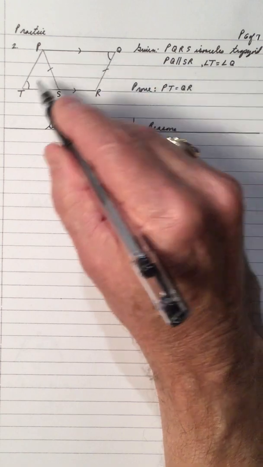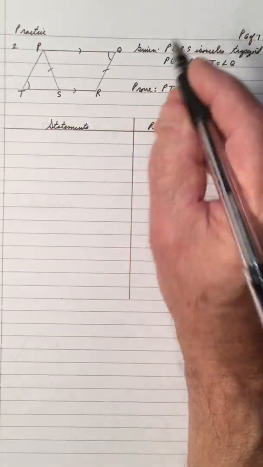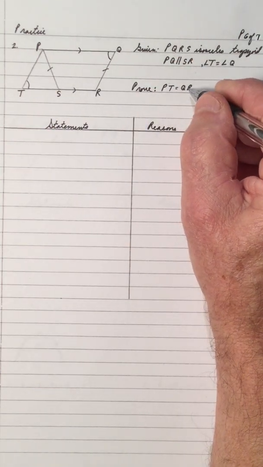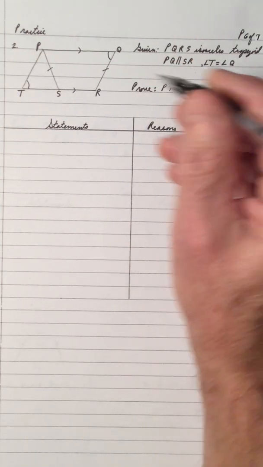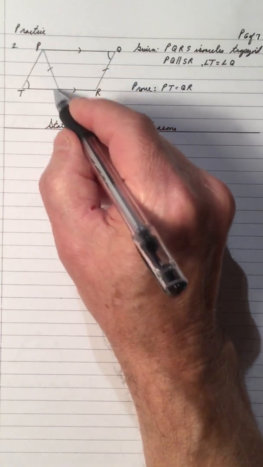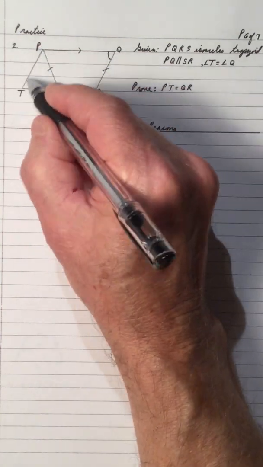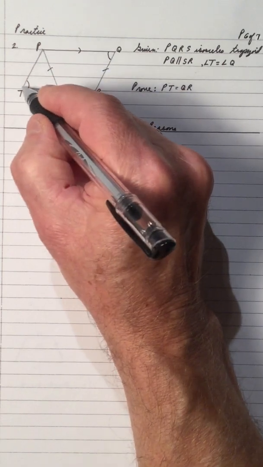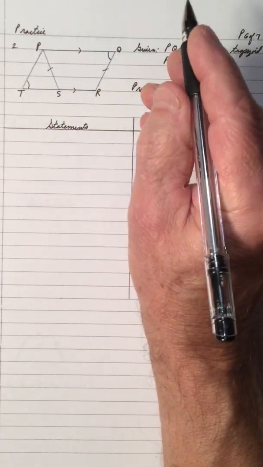There must be angles related here. So I keep going, and I say if I want PT equals QR, that means I must have PT equal to PS, and PS equals QR. So if I can get these two equal, then I can do a transitive property. So I need to get PT equal to PS.